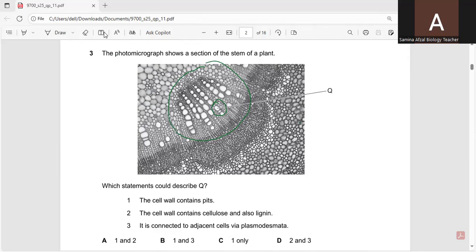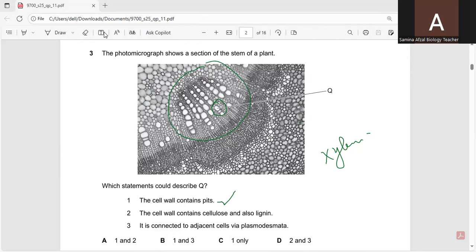This is the characteristic of the xylem wall, that they have pits, because the lignin is deposited in the form of pits or in any other form. There are two more forms for the deposition of this lignin, but they are talking about the pits. So they are present in the xylem. The cell wall contains cellulose and also lignin.